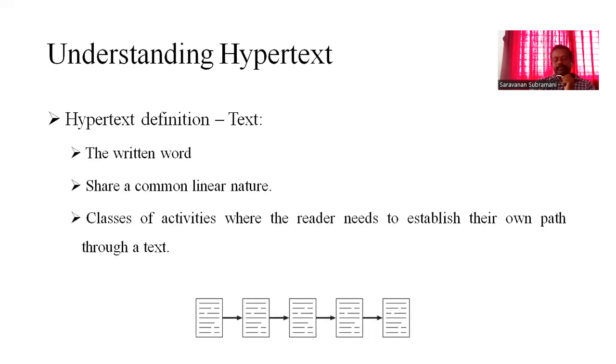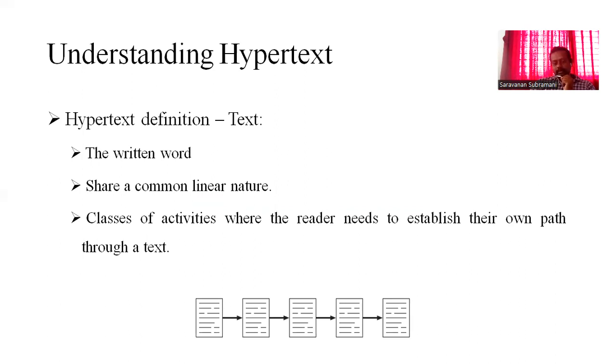In the current trend, so many commercial activities are happening on the web. So we have to understand hypertext. The hypertext definition is a text whose words share a non-linear nature, where readers need to establish their own path through the text.